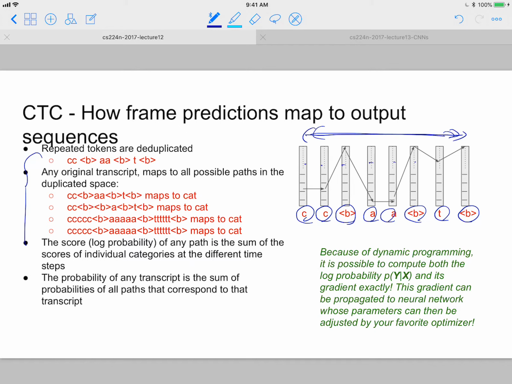1, 2, 3, 4, 5, 6, 7, 8. So suppose we have 8 time steps that we generated in the decoding phase by our decoder, and suppose this one should be mapped with the cat, and then what will be our loss in this case?